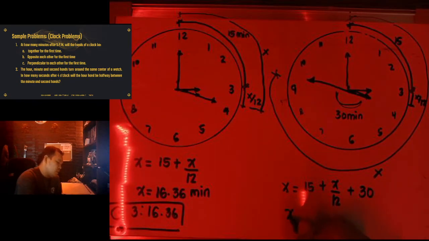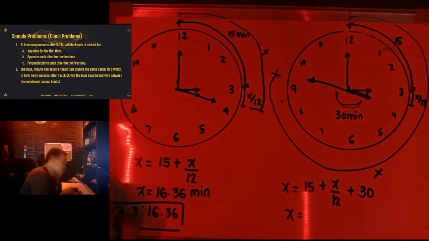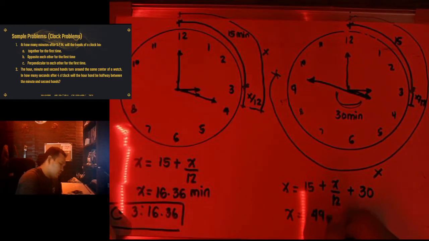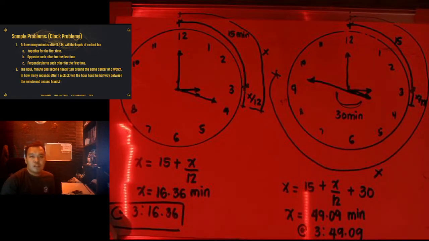So x equals 15 plus x over 12 plus 30. So we have here 49.09 minutes. This means at 3:49:09 is when the first opposite of the minute hand and the hour hand happens.